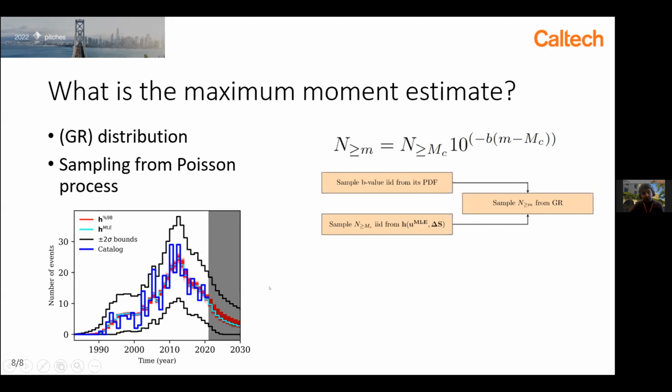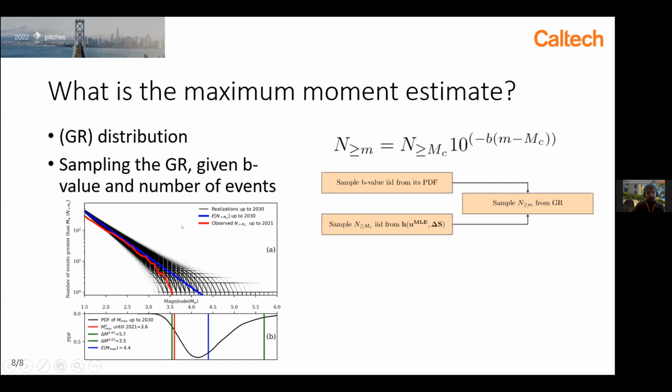Also, given the oil extraction scenario for the future, we can find the rate of events, and then from that rate, we can IID sample from the rate of events to get one realization of the number of events. And then by adding these two variables here and here, we can sample from the Gutenberg-Richter distribution.